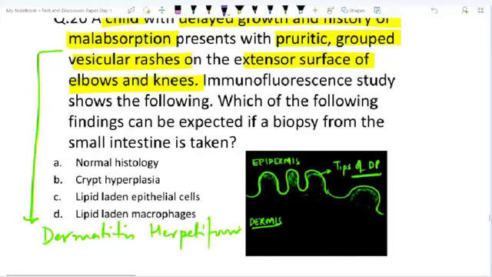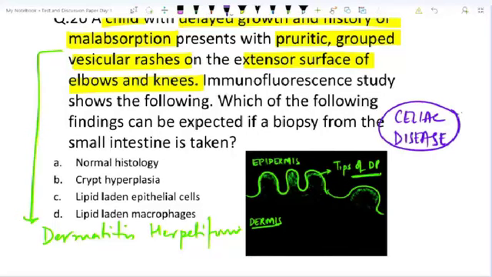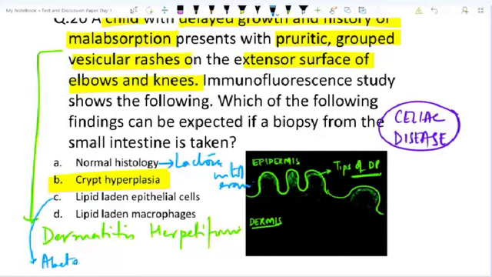The syndrome they're talking about is celiac disease or gluten-sensitive enteropathy, and we know that in celiac disease you can get crypt hyperplasia. Normal histology is not seen here. Normal histology is seen in lactose intolerance actually. Lipid-laden epithelial cells are seen in abetalipoproteinemia.